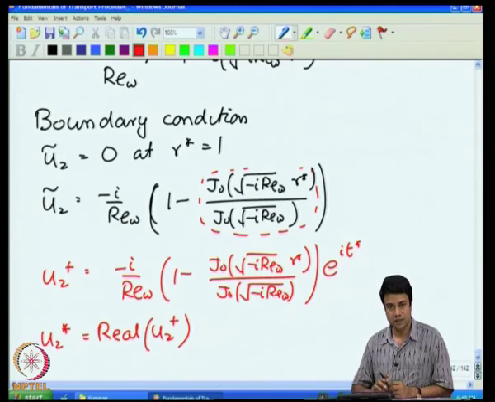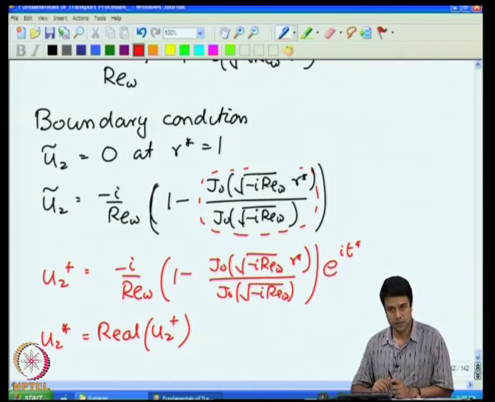What does this physically mean? I could of course take the solution for the velocity profile and calculate numerically how it should look. But a better understanding is obtained by looking at the limits where Re omega is small compared to 1 and where Re omega is large compared to 1.